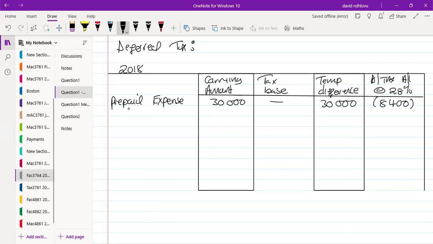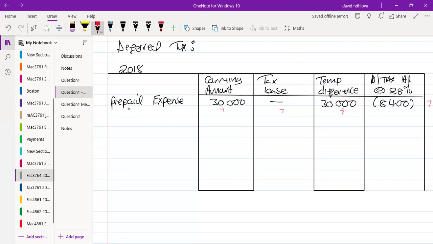Another way of looking at this: if this figure mathematically is positive, a positive amount minus 0 gives a positive. As long as the temporary difference is positive, then the deferred tax is negative. These two will never have the same sign. If the temporary difference is negative, then the deferred tax will always be what? An asset. It will be a positive amount.